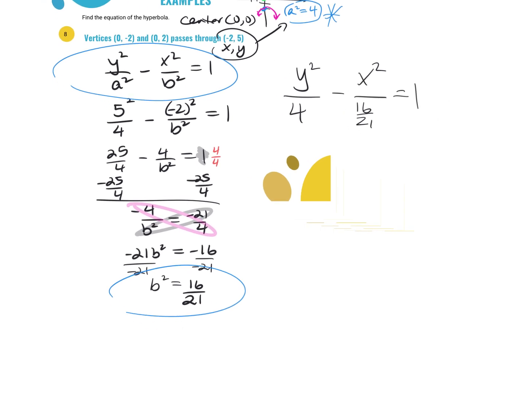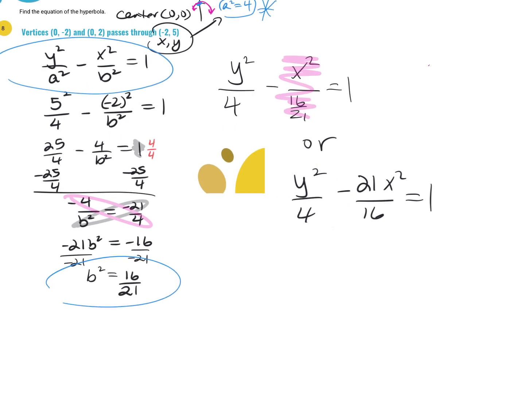Again, be able to recognize that you can also change this fraction denominator and move the 21 to the top. So another acceptable answer would have been y squared over 4 minus 21x squared over 16 equals 1. Now, the whole math behind this switch is you're really dividing x squared by 16 over 21, and we've got to keep, flip, change it.